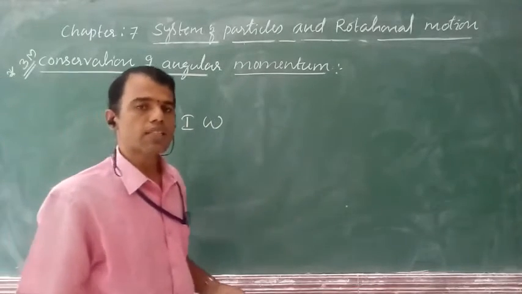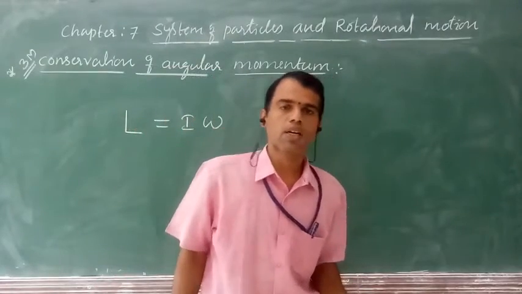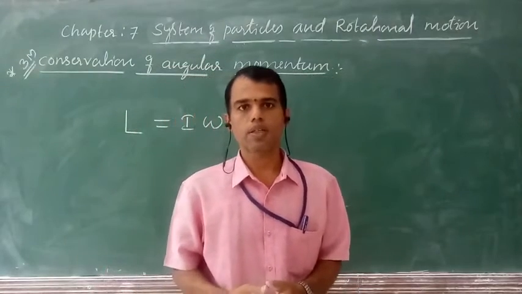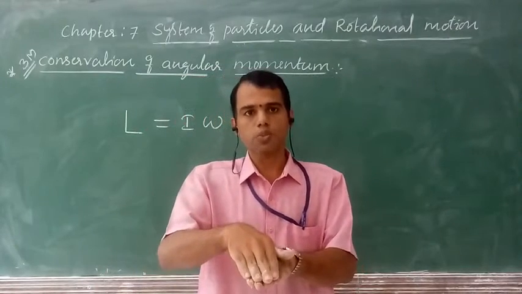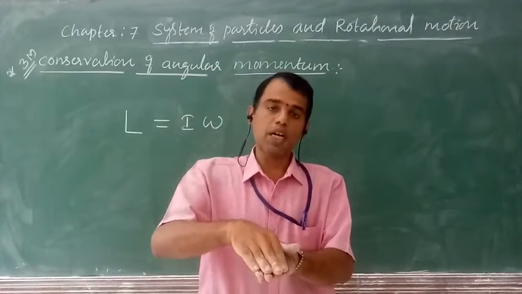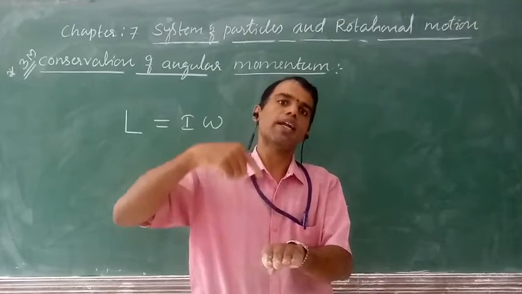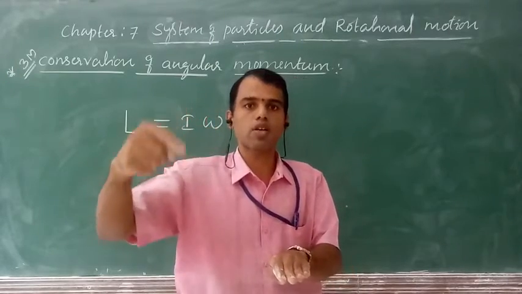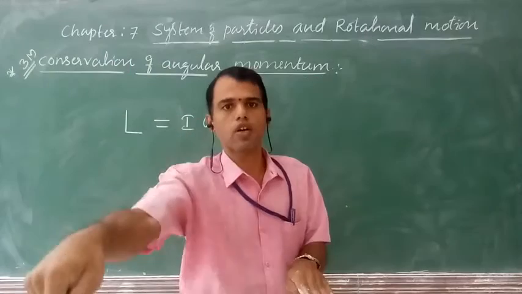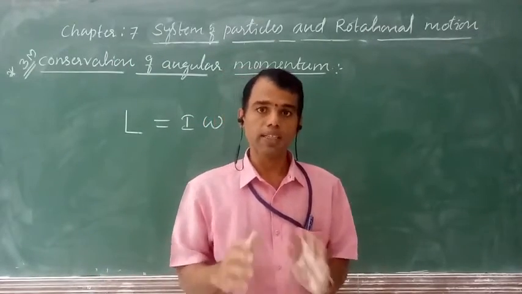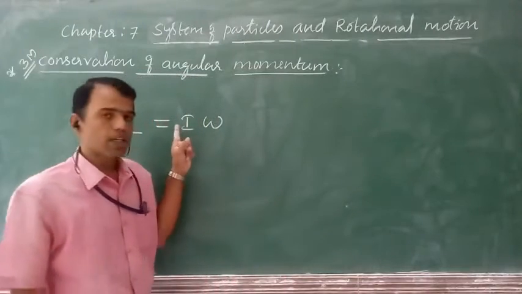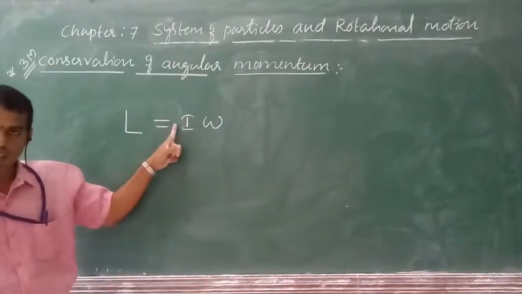We can see similar examples in a swimmer on a springboard. If he jumps off the springboard and does many somersaults in the air before he enters the water, this is called springboard diving. In that case, you might have seen that the angular momentum is conserved.